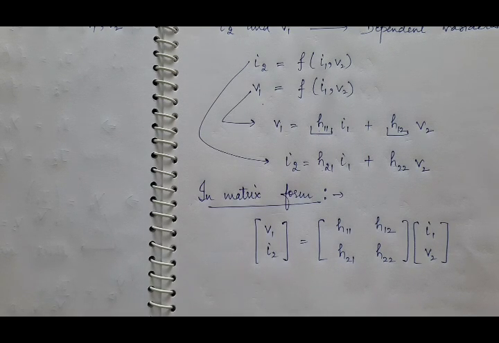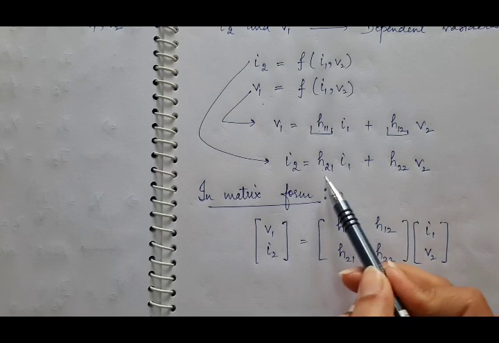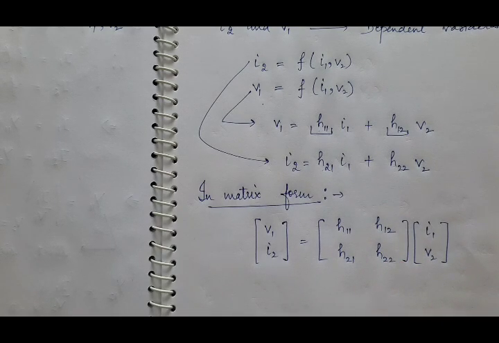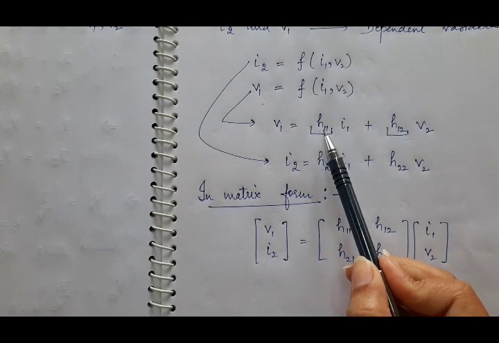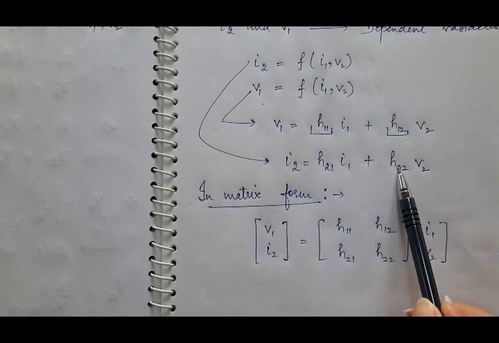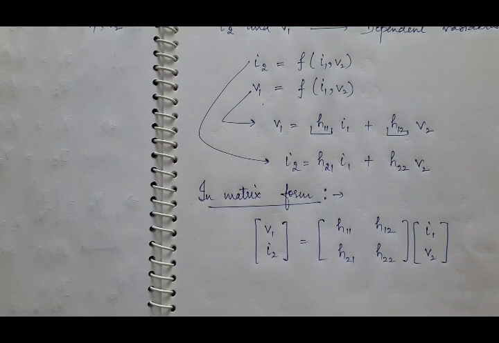And in case of Y parameters, all these 4 parameters had the dimensions of admittance, I by V. But in case of H parameters, out of these 4 coefficients, one will have the dimensions of impedance, one will have the dimensions of admittance, and the other 2 coefficients will be dimensionless.